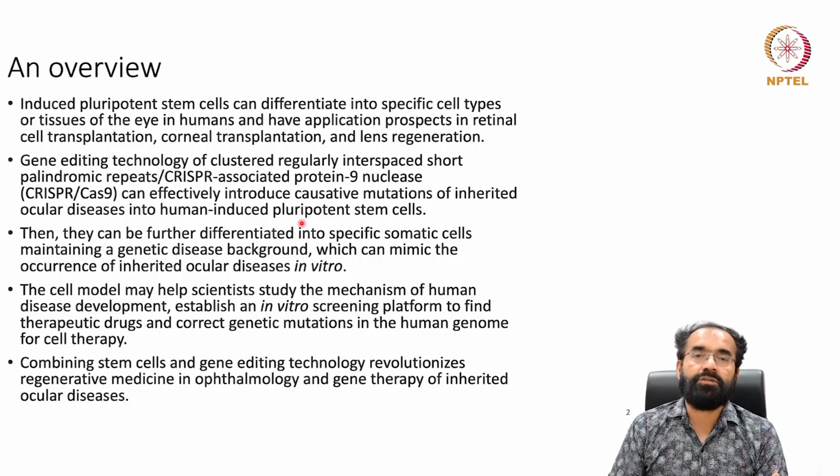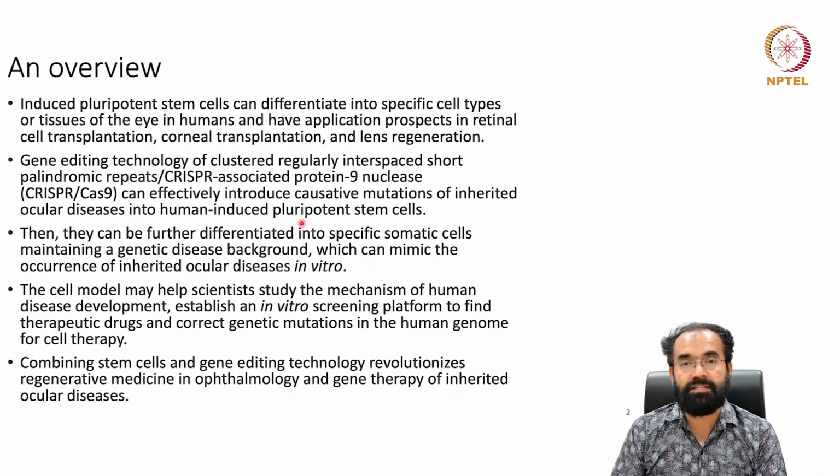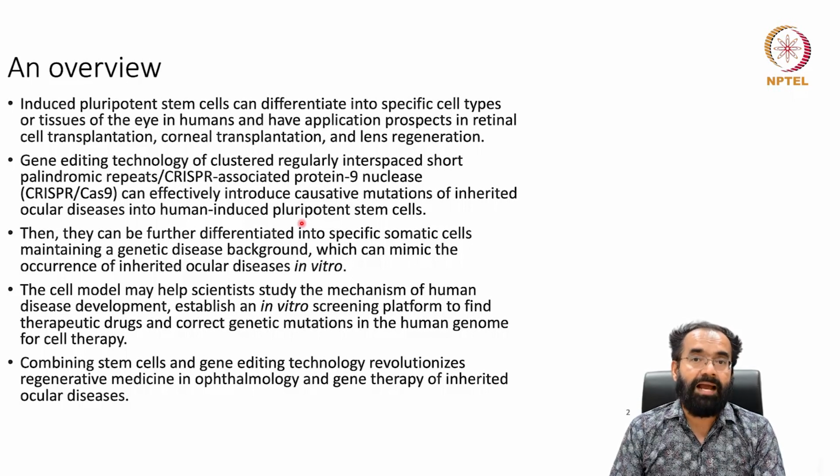Means you can do it in both ways. Say you have a normal stem cell and you want to study the effect of a mutation on a given cell type. What you have to do is take the stem cell, introduce this mutation, and then differentiate it into a given cell type and study its physiology, that is the cellular physiology.